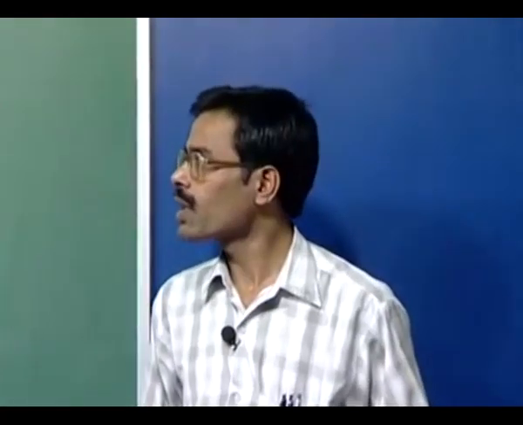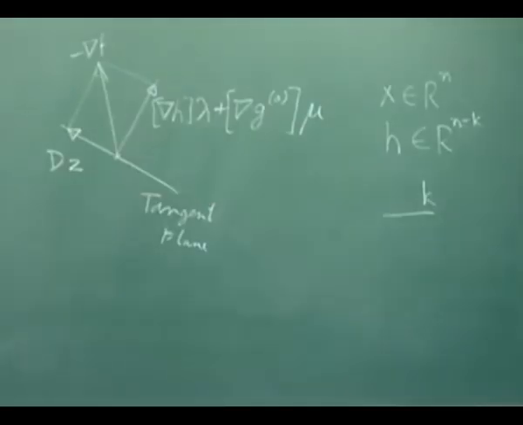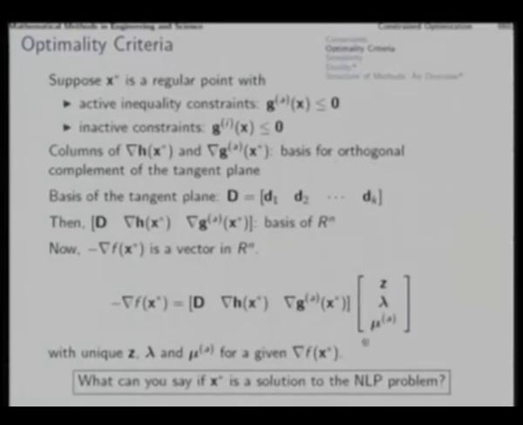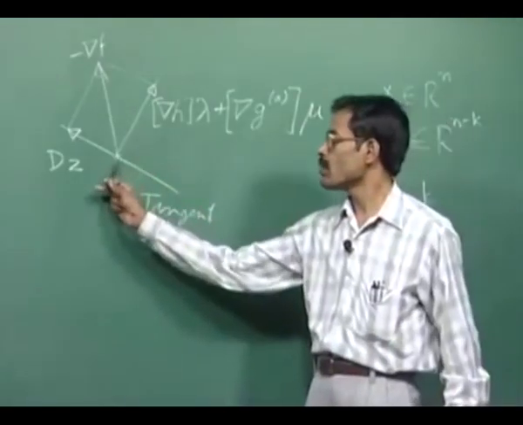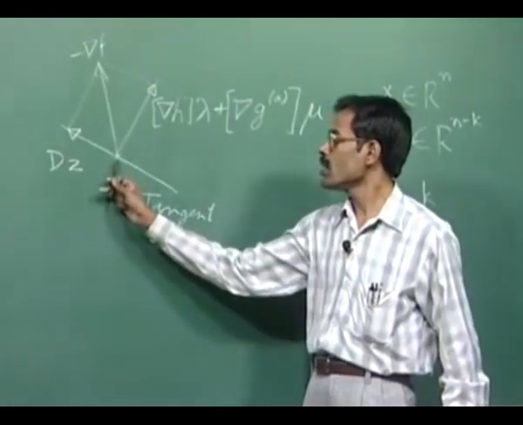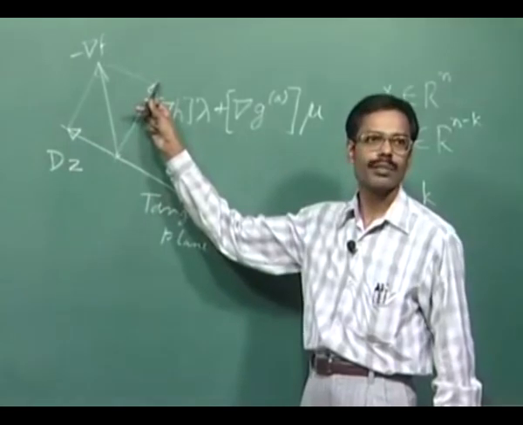So, this is what we can say about the components z, lambda, mu. Out of that we can say that z cannot be non-zero if x star is a solution to the minimization problem. So, the component of the gradient of f in the tangent plane must be 0, z is 0. That means the negative gradient cannot have a component in the tangent plane and must be orthogonal to it.